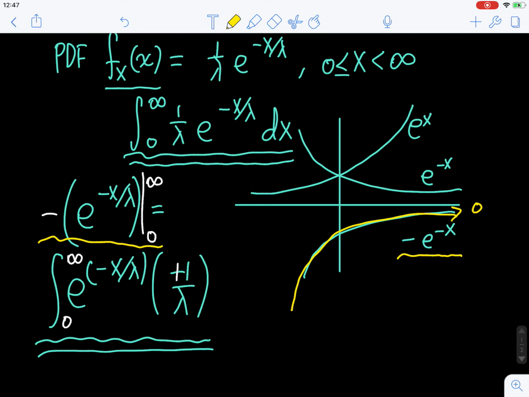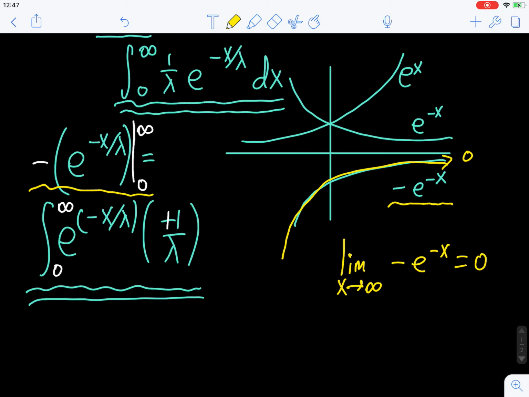More formally, we'll have limit as x approaches infinity of negative e to the negative x being equal to 0. And we see that this is clear because e to the negative x is equal to 1 over e to the x. And so as x becomes larger and larger, then the whole graph becomes smaller and smaller.